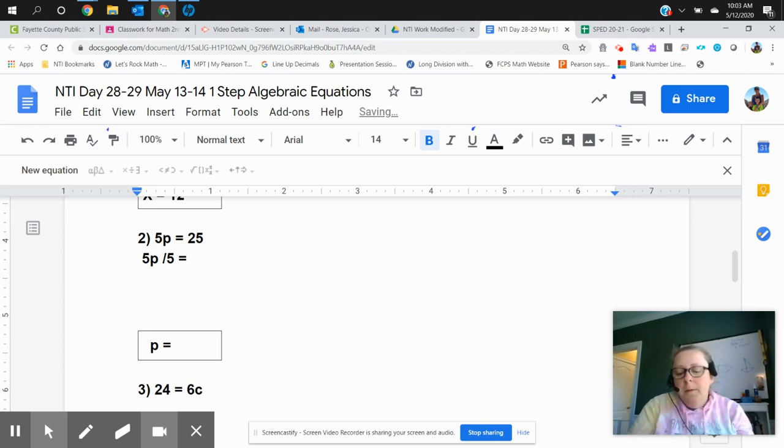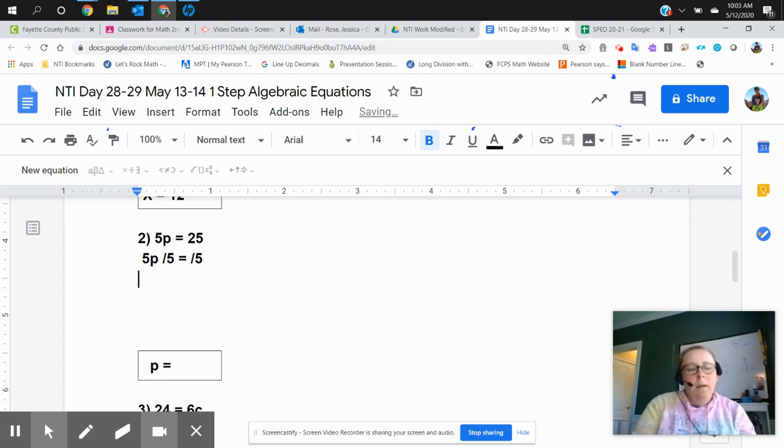And then we put another slash 5 on this side, because whatever we do on this side of the equal sign, we do on that side. So then the 5 and 5 cancel out, so we have p equals 25 divided by 5. Pick up your calculator, type that in, we get p equals 5.